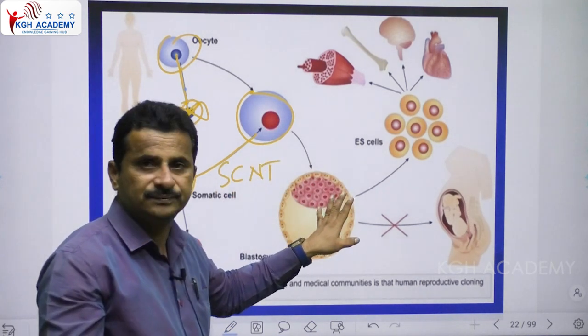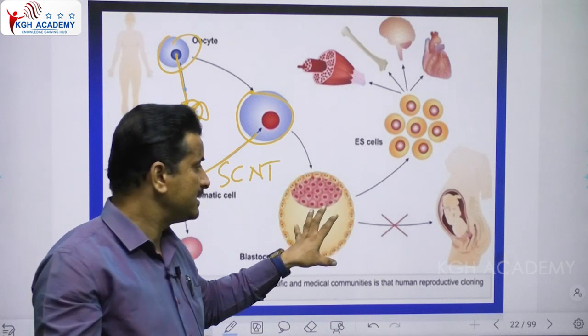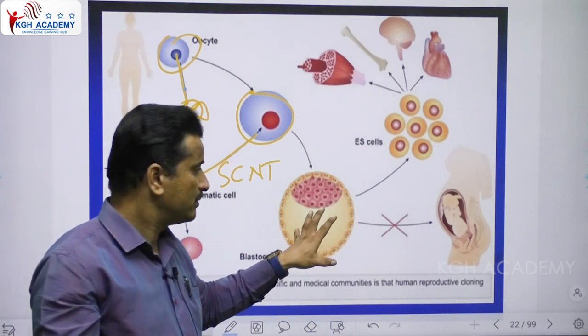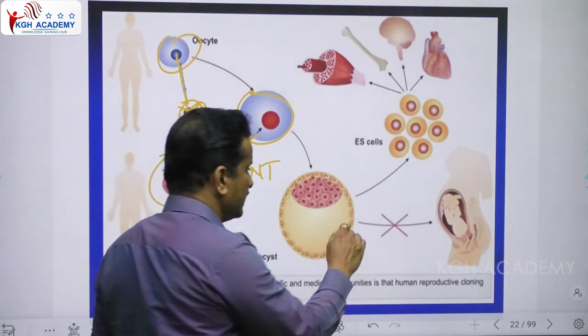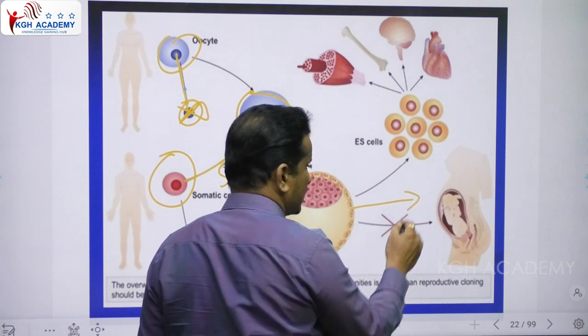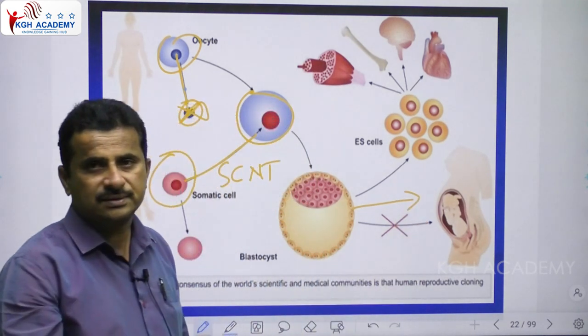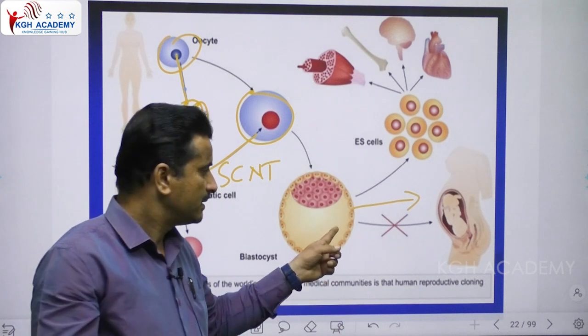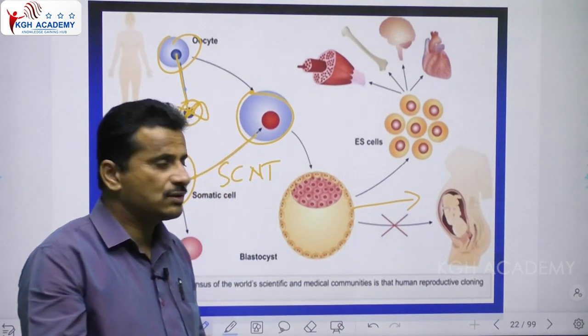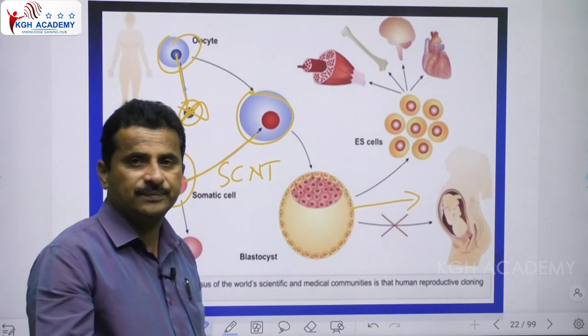After here, we are utilizing this embryo, the blastocyst embryo, in two ways. In case it is introduced into a surrogate mother's uterus to develop and produce a baby, that is called reproductive cloning.